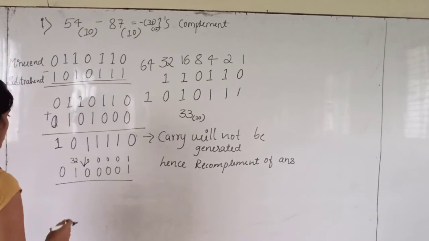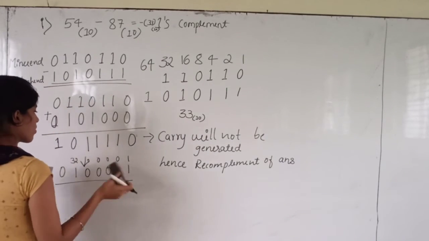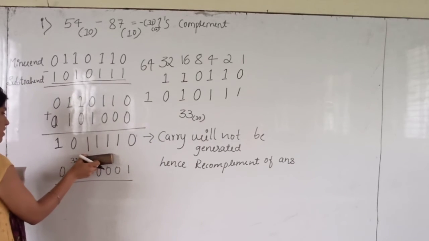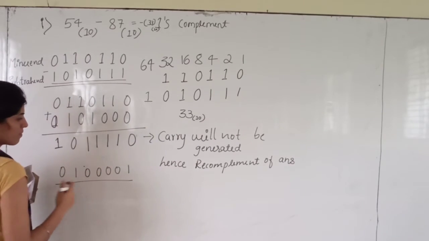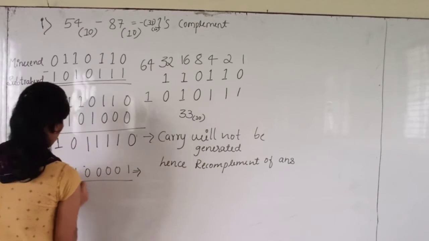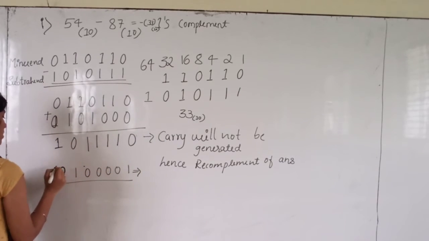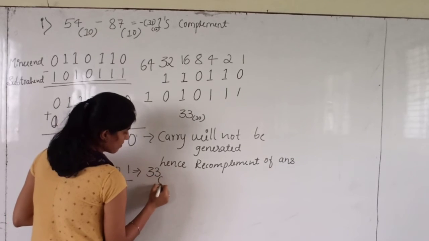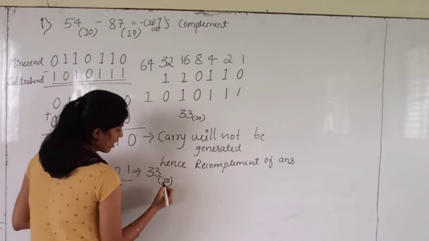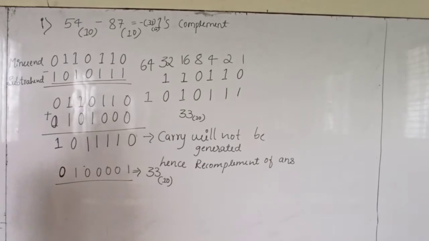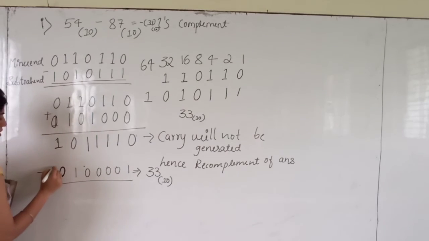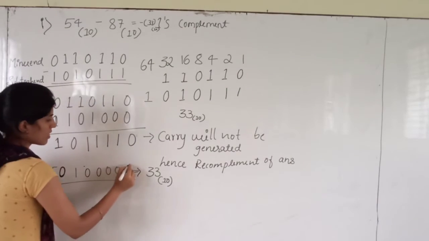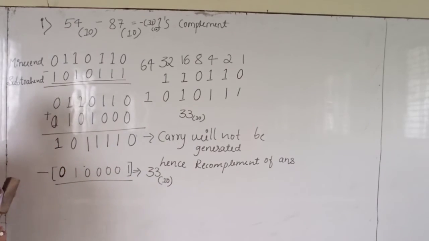Hence the final answer is equivalent to minus 33. Here it shows the negative integer 33, and to the final answer you just write a minus sign to indicate a negative integer.